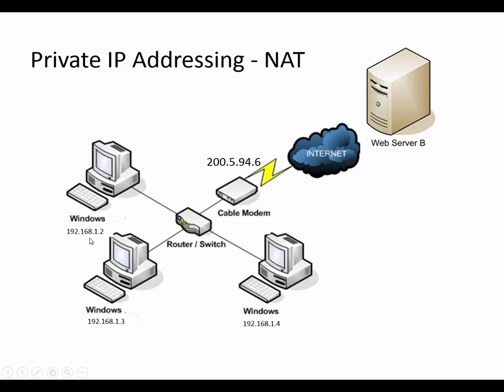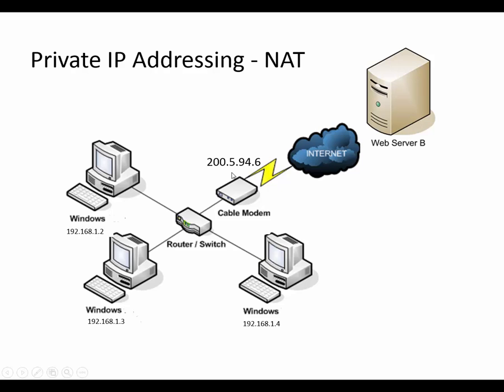It's used at my home network, and it's used at your home wireless network. You and I are using the same IP addresses internally in our home networks. However, our cable modem, our wireless router, which connects us to the internet, it has an IP address as well, and that is a public IP address, and it is globally unique.